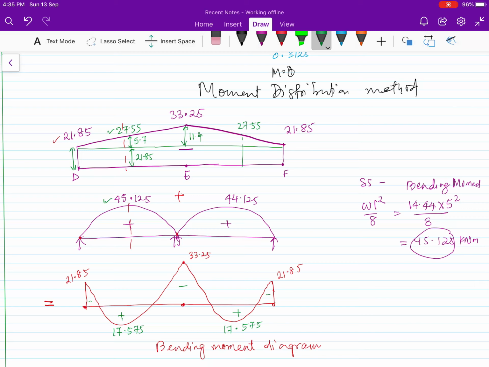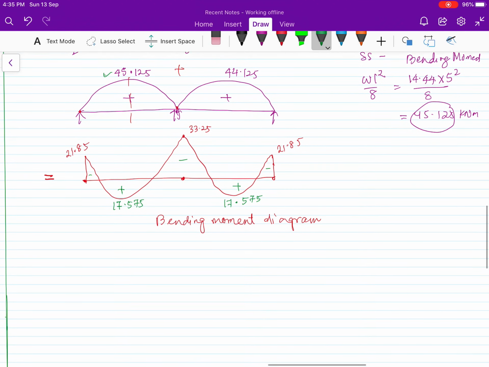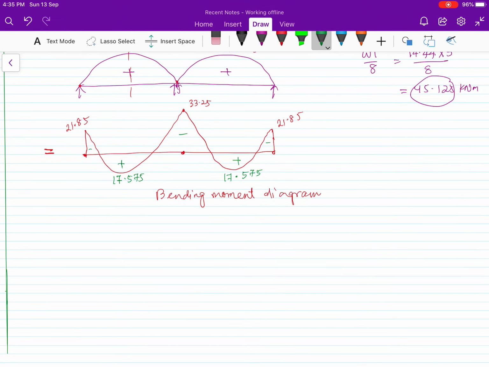Now we are going to draw the shear force diagram from this, because when you are going to design the beam, we are going to take these moments for the vertical load. That means at the left we will design for 21.85, at the center for 17.575.